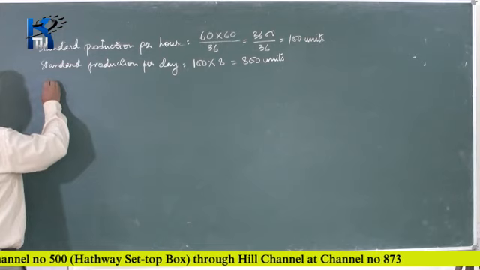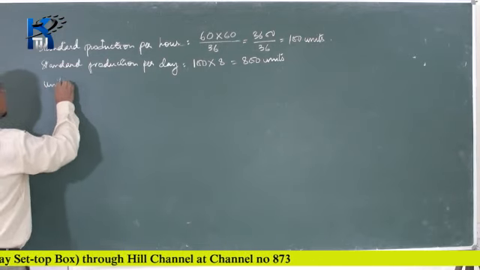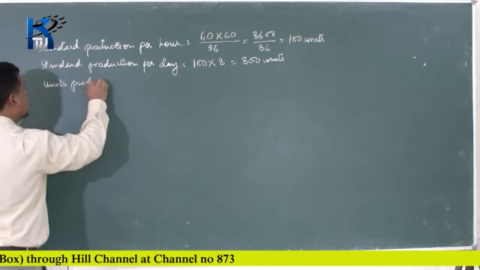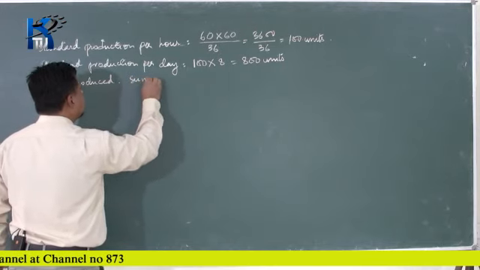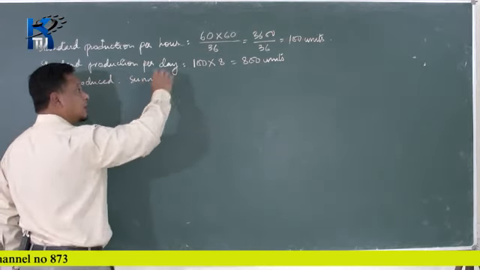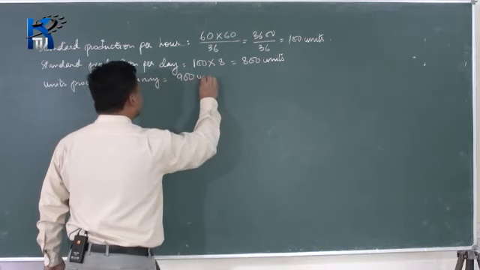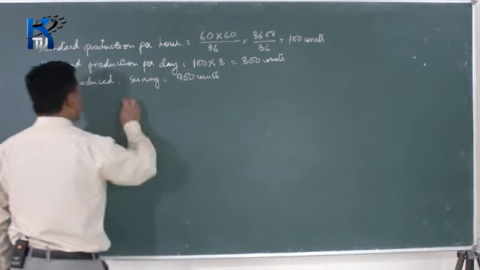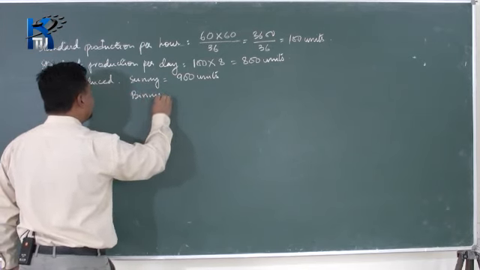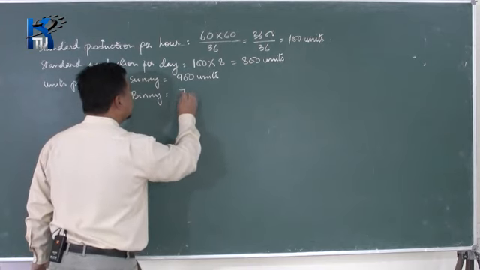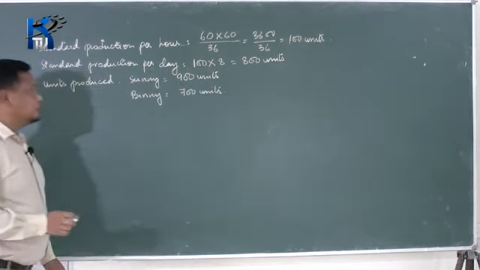But if we look at the figures, units produced by Sunny is 900 units and units produced by Binny is 700 units.